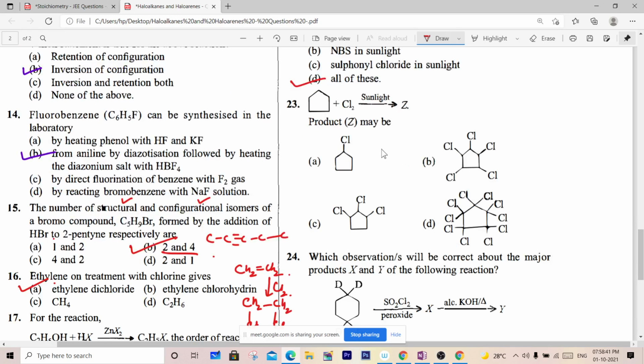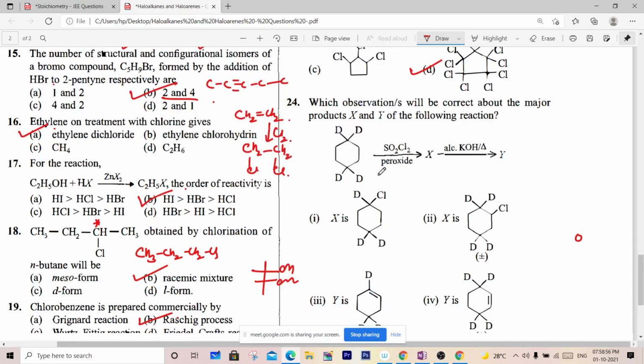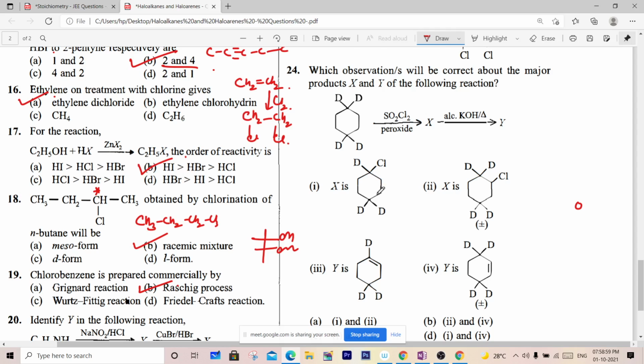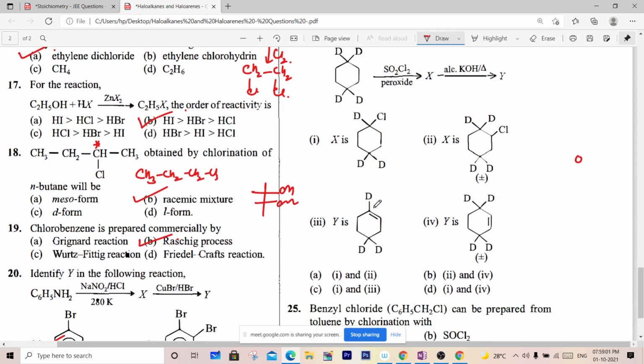Chlorine. At all the points, the chlorine can be attached here, right? Yes, sir. So it will be all D. 24. There's more than one correct answer. So chlorine here, Cl or H? H. That will be more reactive.